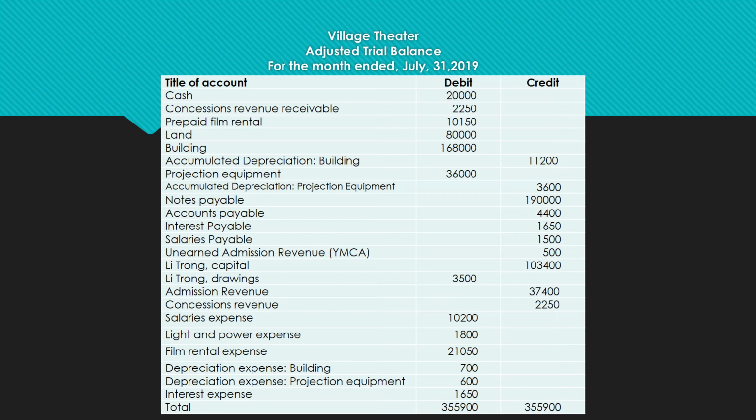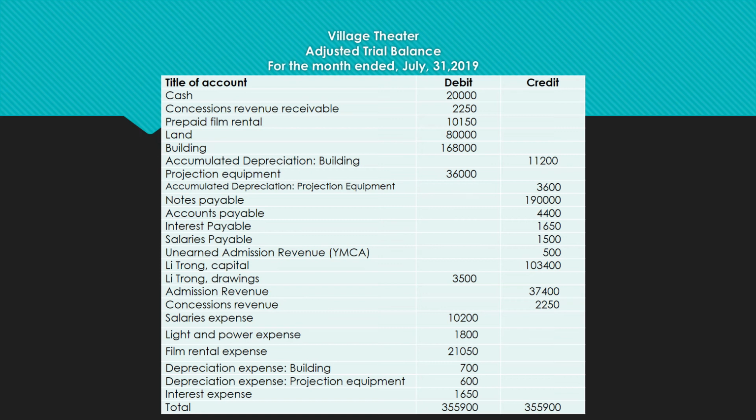Now liabilities: notes payable is also taken as it is, 190,000. Accounts payable liability is also taken as it is, 4,400. Now we have created a new account, interest payable, in the adjusting entry, so it's also recorded here, interest payable 1,650. And another new account was also created, salaries payable, which we have also entered here, salaries payable 1,500.